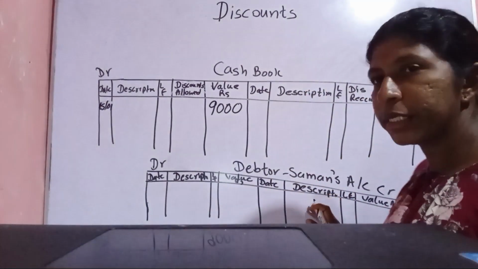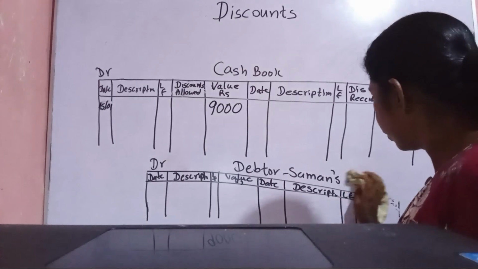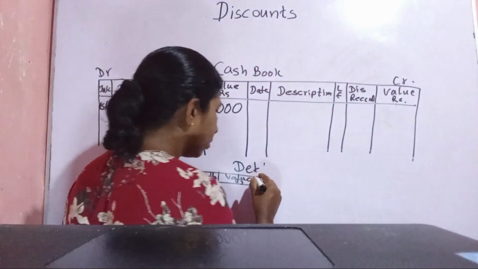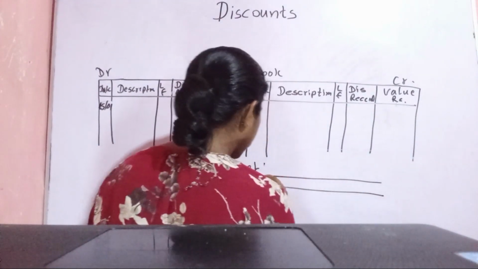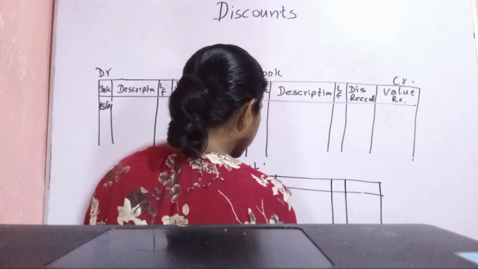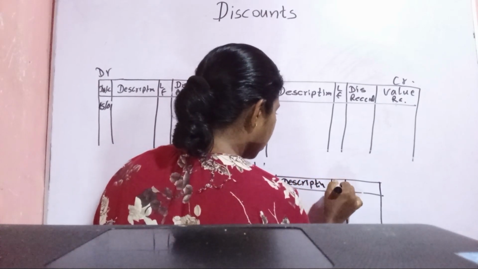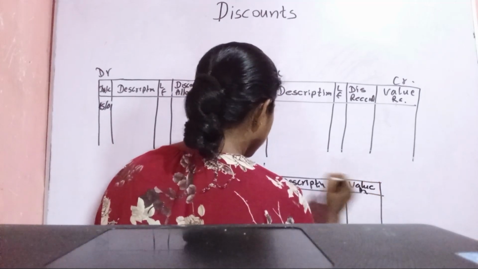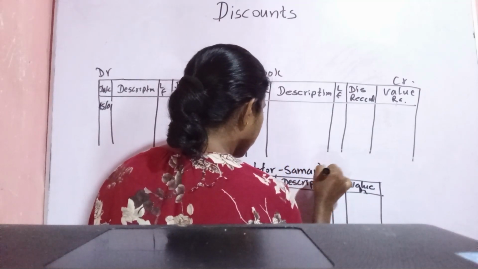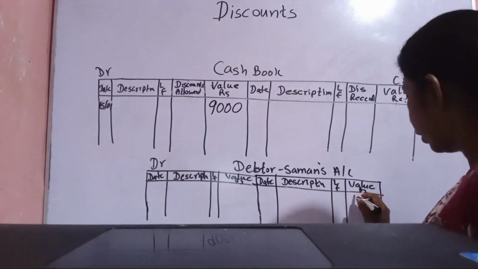Therefore, go to the debtors account and credit here 9,000.